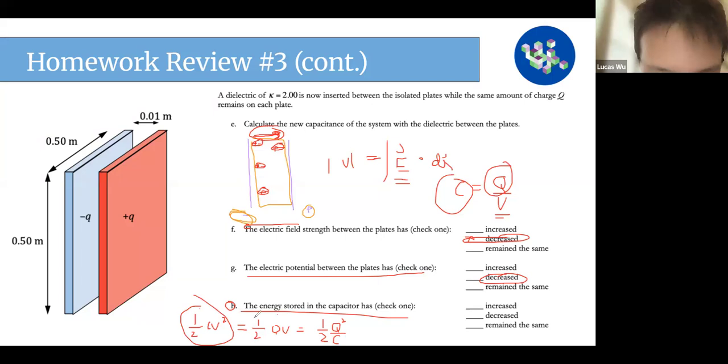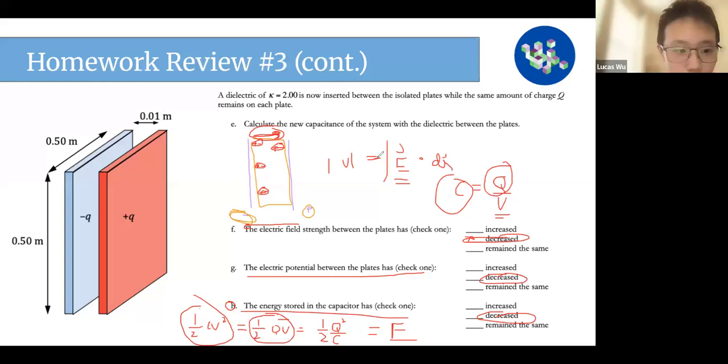But if I look at 1/2 QV, Q stays the same, but V decreases, and these are all equal to energy. So the energy stored in the capacitor has decreased.